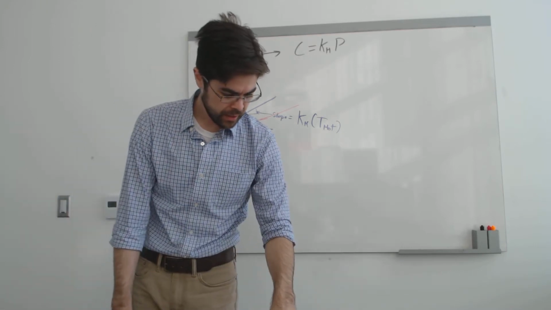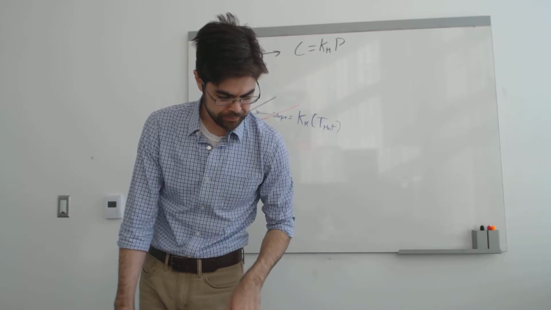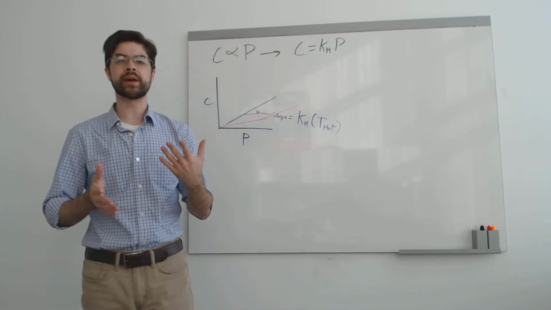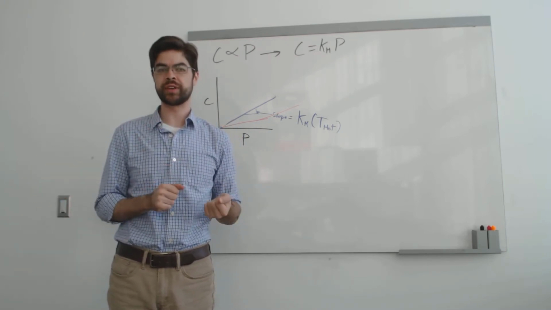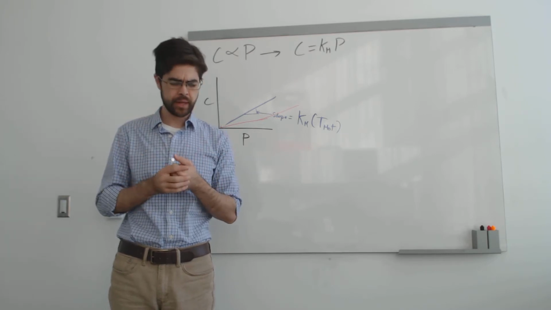How does the Henry's law constant show how favorable an equilibrium system is? It gives you a measure of how naturally the gas likes to dissolve into a solution. So I'll give you an example.